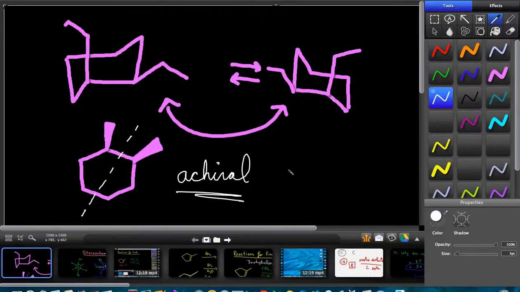You also want to watch out for the traditional R and S type configurations. So all in all, on your exam on Wednesday, I see 8 stereochemistry questions. So let me give you a couple to practice with.